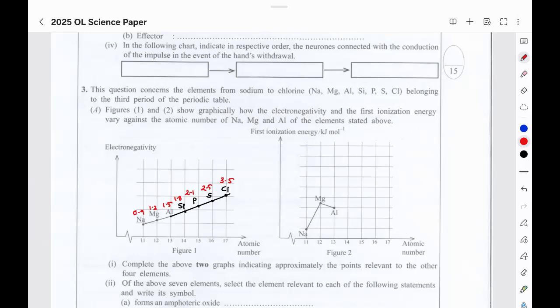Then the ionization energy. So how is that ionization energy varying? We can say sodium, magnesium, aluminium. Can you remember? One time up, one time down, then two times up. We can go somewhere like here.